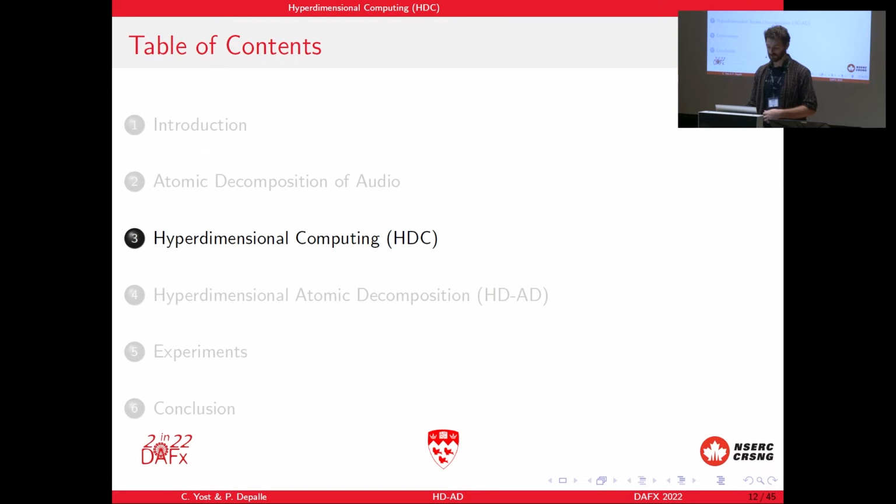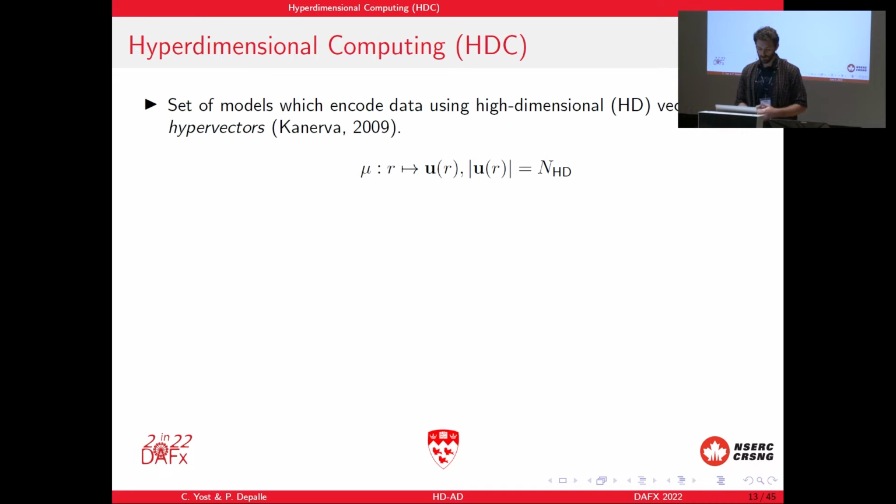Okay, so that's some details on atomic decomposition. And now to give an overview of HDC. Hyperdimensional computing, or HDC, refers to a set of models which encode data using high-dimensional vectors, or hypervectors.